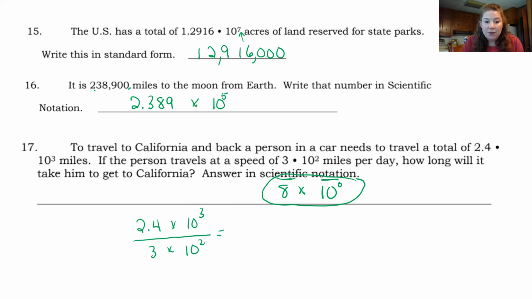All right, if you don't want to do all that, and you just have a regular calculator, you could go ahead and divide 2.4 by 3, and I get 0.8. And then remember our rules for dividing exponents, you subtract those exponents.